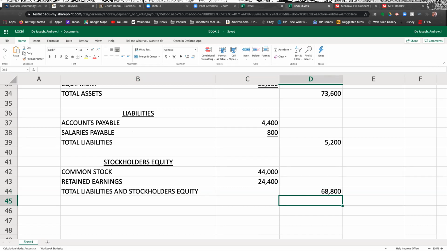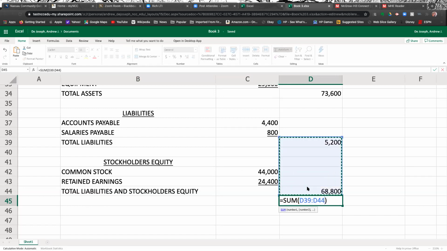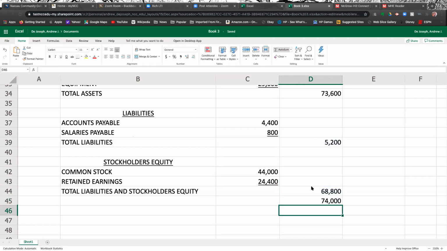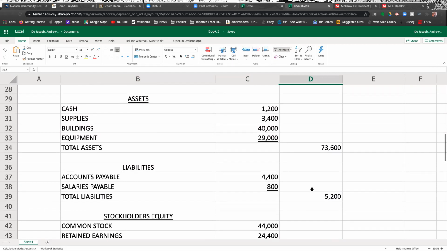Accounts payable 4,400, salaries payable 800. Because if I add this together, that comes out to $74,000. So there's obviously a mistake here somewhere. So let's see if we can find it.